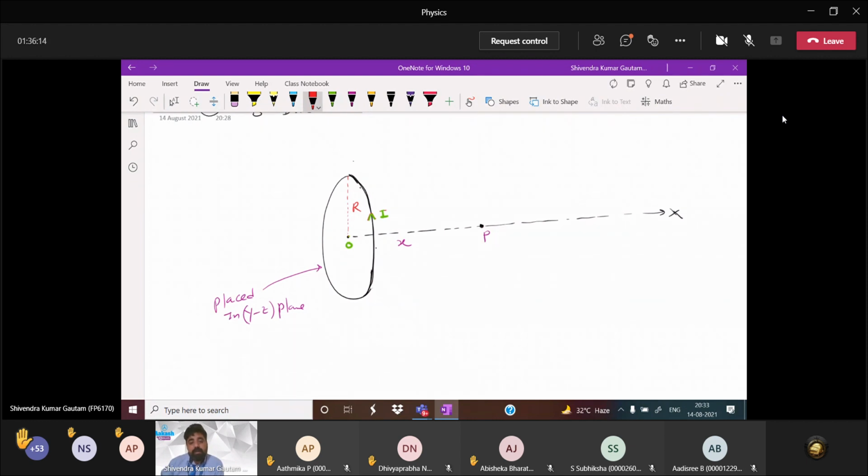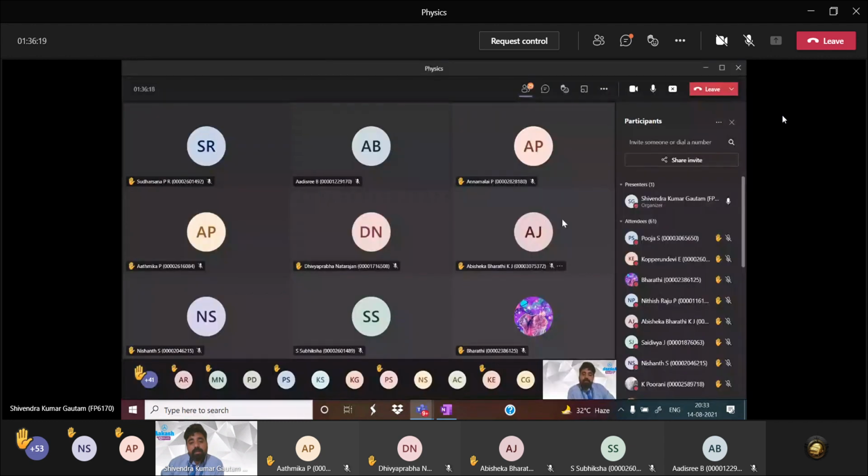Now at point P, for finding the magnetic field, we have to select the current element. Try to understand. This is the loop, this is the axis, and current is going like this. Like we did in electric field calculation, where we took dq charge here and a symmetrical element there, and then saw which component exists and which is cancelled out, vertical or horizontal, here also current is flowing like this.